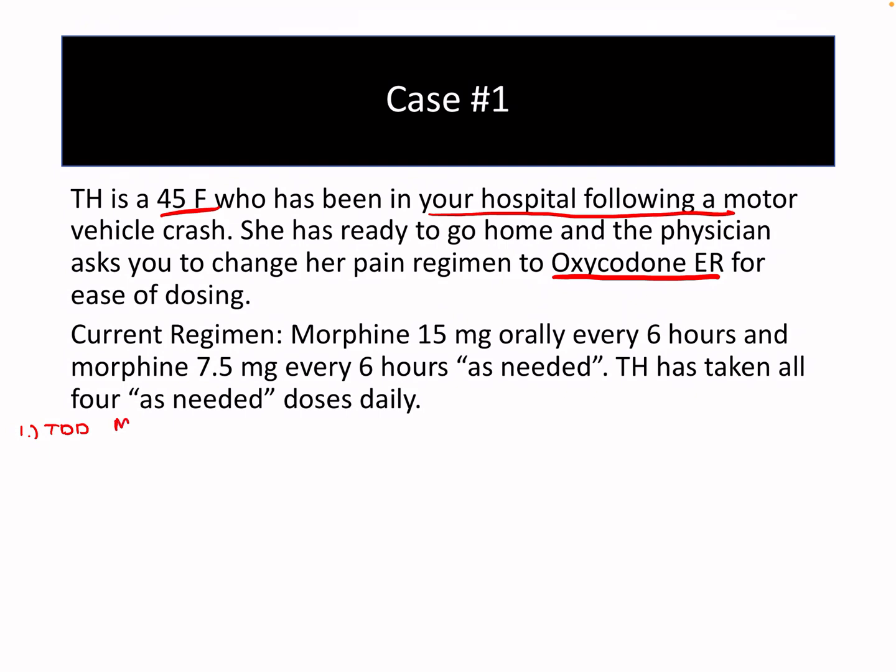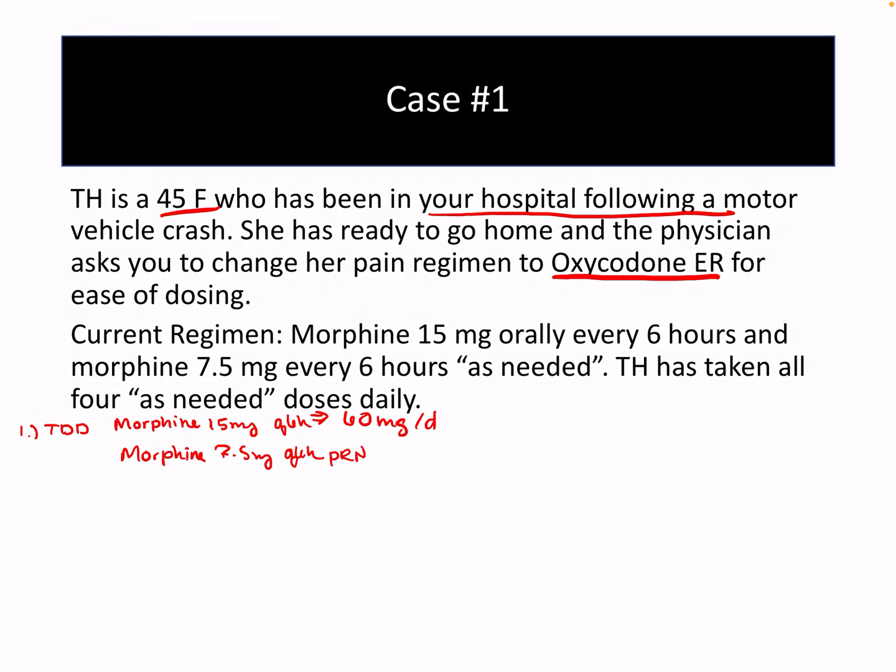So first they're getting morphine 15 milligrams, Q6 hours. That equals 60 milligrams per day. Correct? Then they're getting morphine 7.5 milligrams, Q6 hours, PRN.